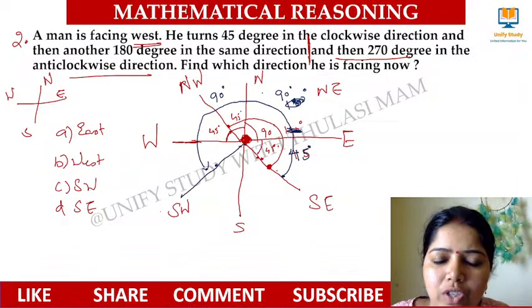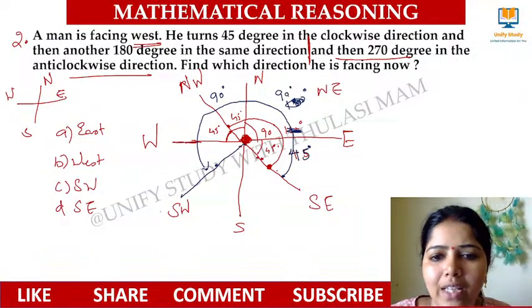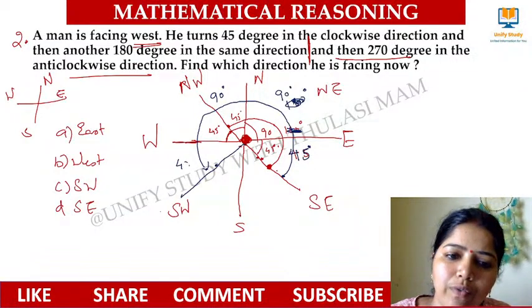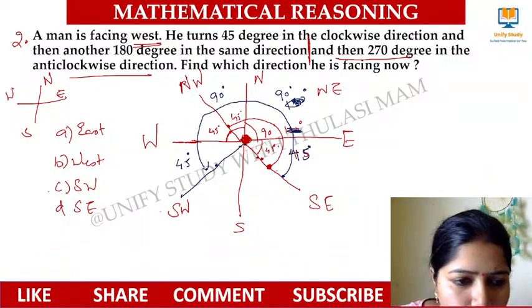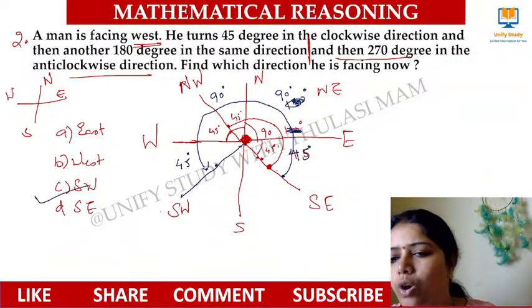If he comes here, it means 270 degrees, which is 3 into 90, 270. The answer is southwest. The answer is southwest.